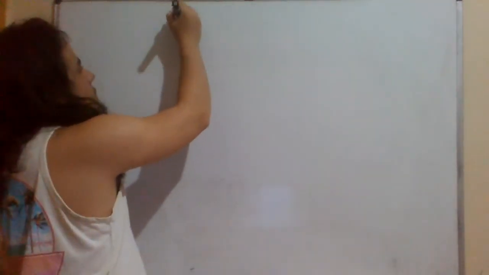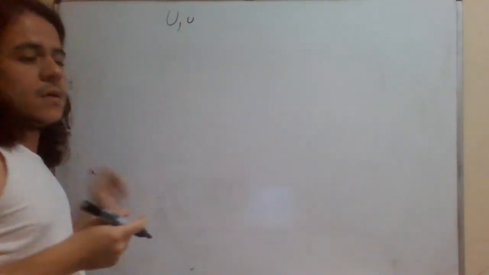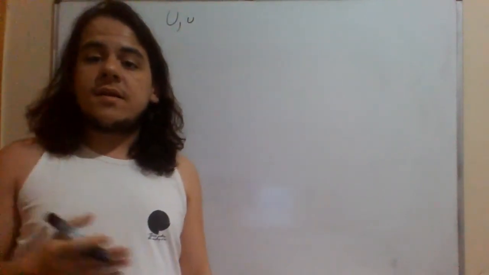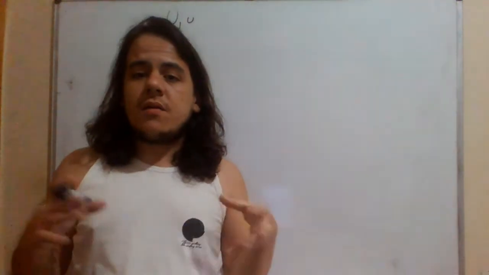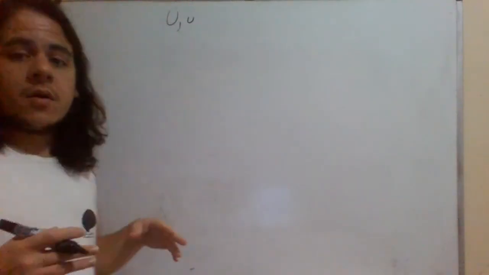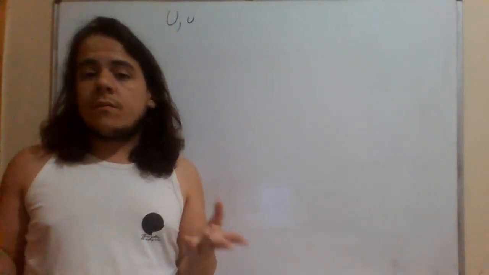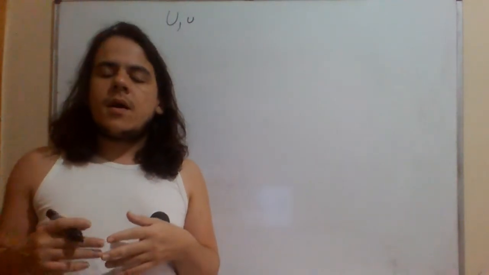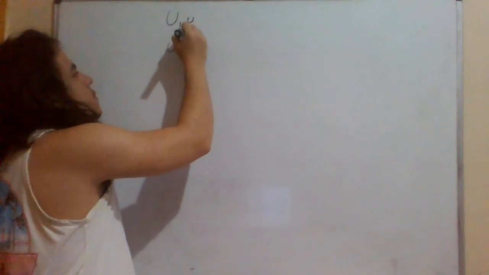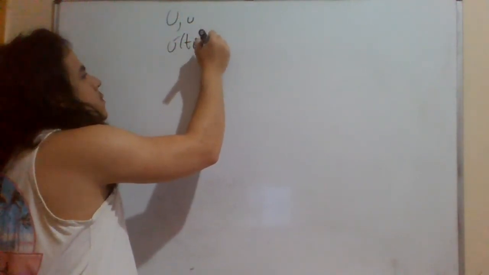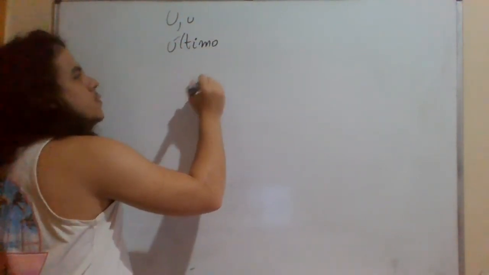Next letter, letter U. In Portuguese, U, letra U. It's a vowel that will not have many variations. So the sound will be U, and it can have the nasal sound. For example, último.